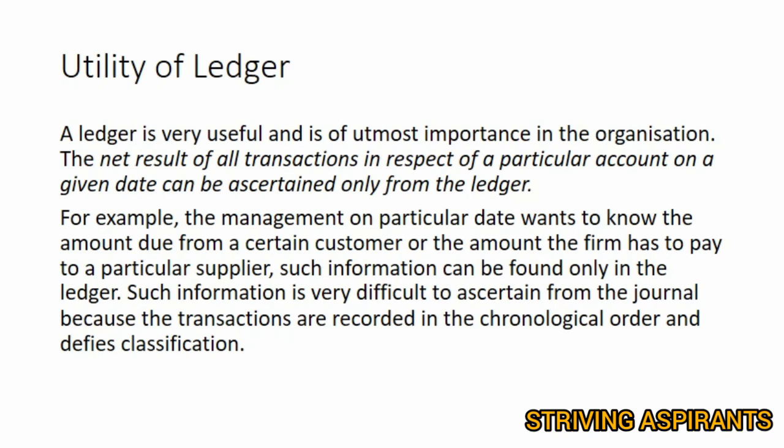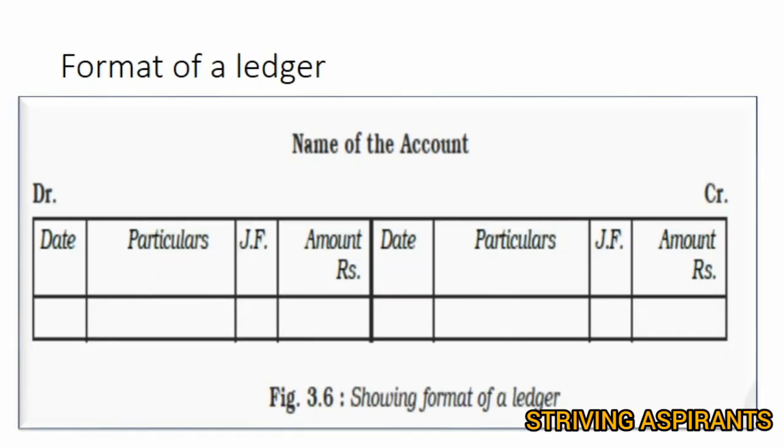Such information can be found by referring to that particular ledger account. By referring to a particular customer's account or supplier's account, company management can understand the position of that account.